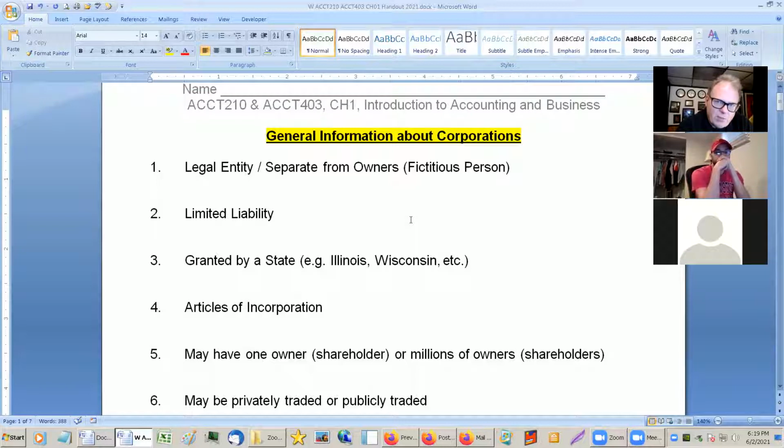I may own a corporation, but the corporation itself is a separate thing. So if someone sues the corporation, it's not going to have any impact on me. Now, the corporation might lose money and it might go bankrupt or whatever, but that won't change me personally. They're not going to come take my cars or the house or anything like that. So it's a fictitious person and it's completely separate from the owners.